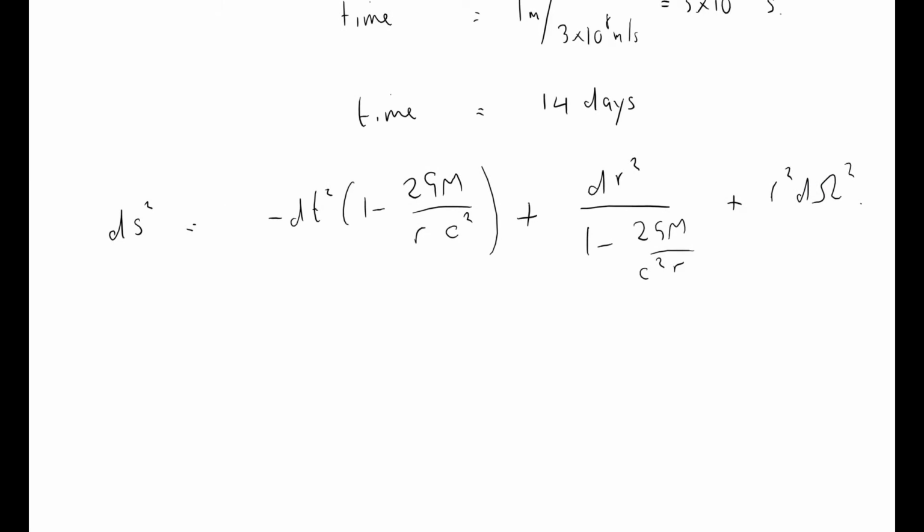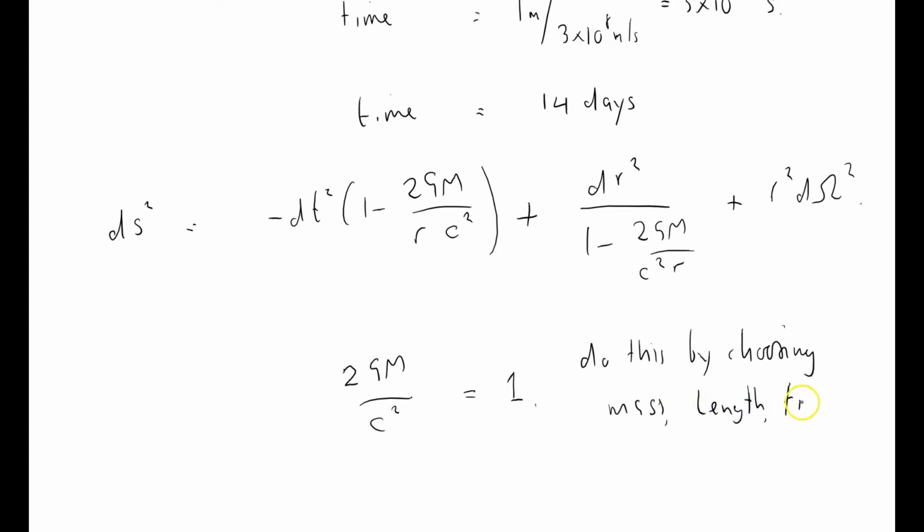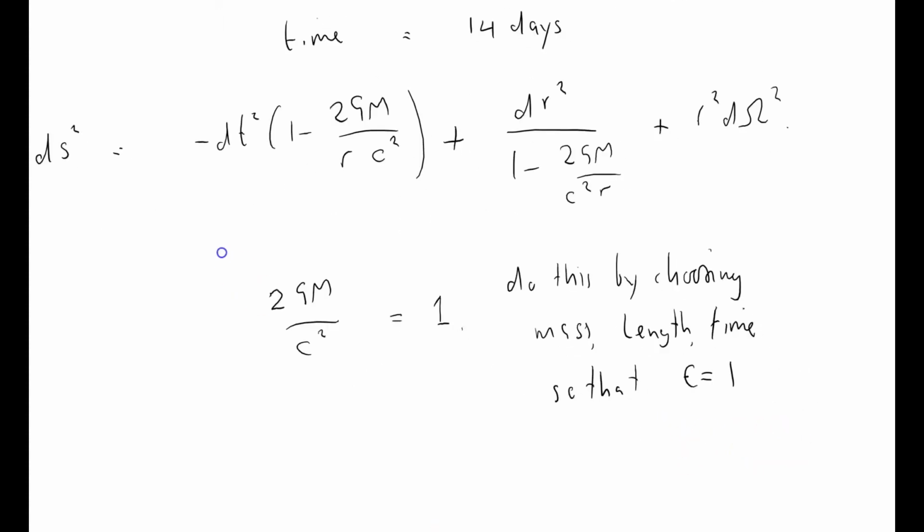Well, what I'm going to do is choose 2GM over c squared to be equal to 1. And I can do this simply by choosing mass, length, and time units so that c equals 1, and so I've also got 2GM over c squared equals 1.